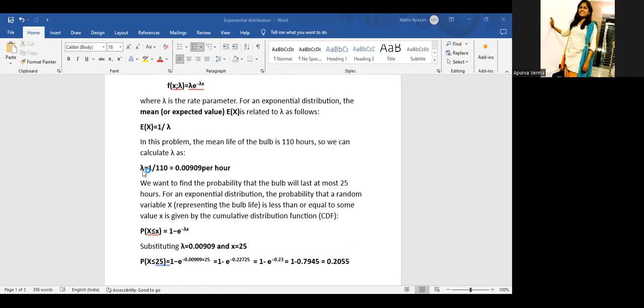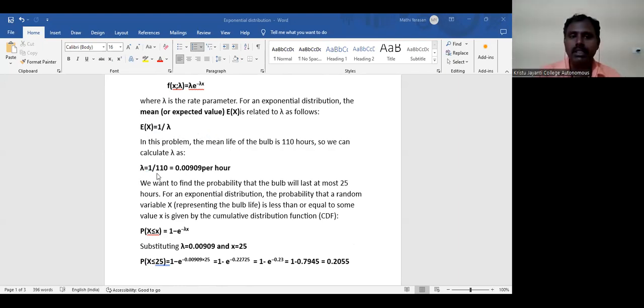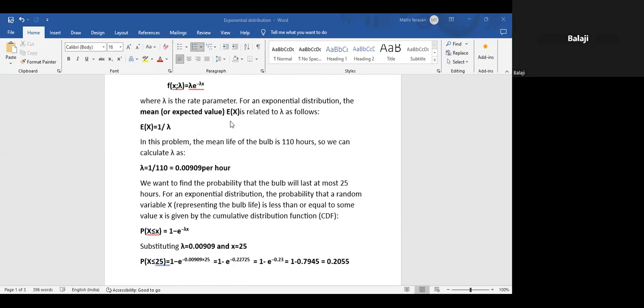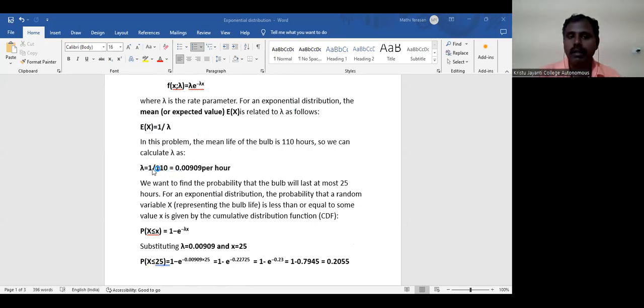Okay. So I am writing lambda equal to 1 by E of x. E of x value is 110, so I put 110 here. So 1 by 110, how much will you get? This is the value we get: 0.00909 per hour. Is it clear? Yes. Okay.